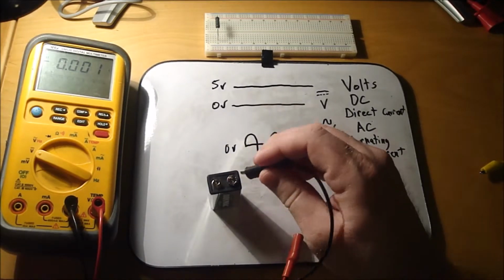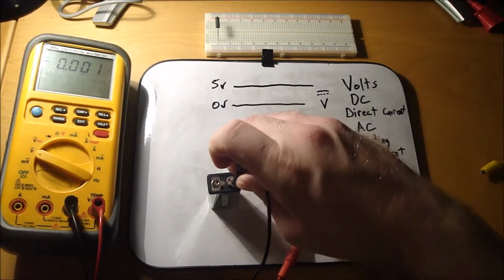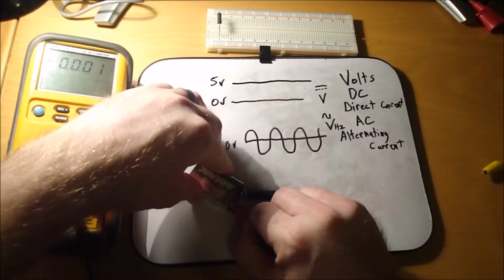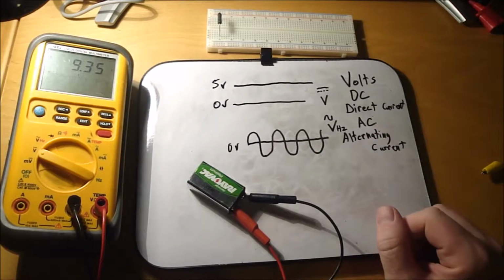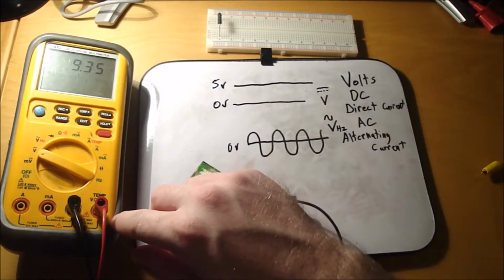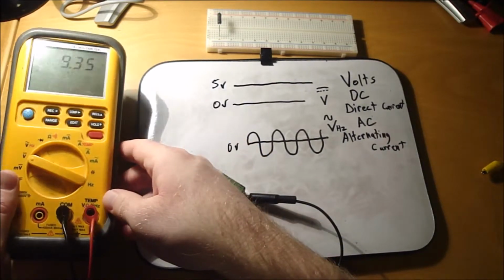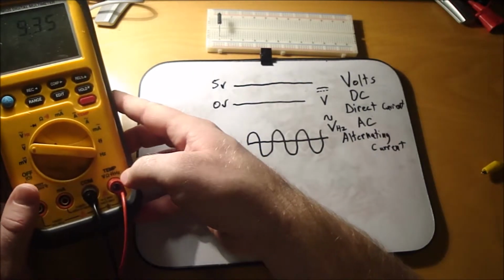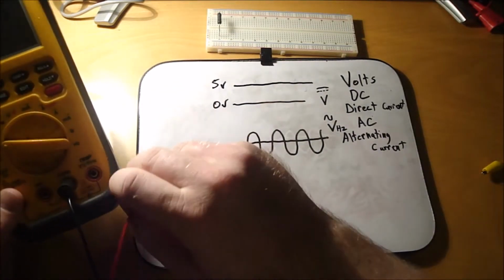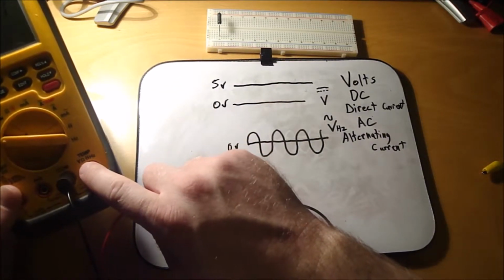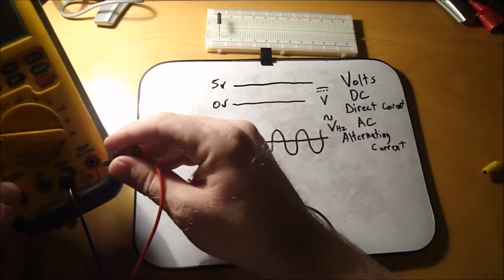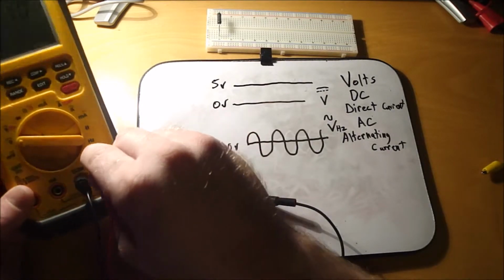So we're going to measure this battery and just see that your negative is the big round one, and your positive is your little round one, and there you got 9.35 volts. You can see on my meter down here that this plug is for the voltage, and then you can measure ohms, capacitance, and hertz there too, but it's marked red for your positive side.